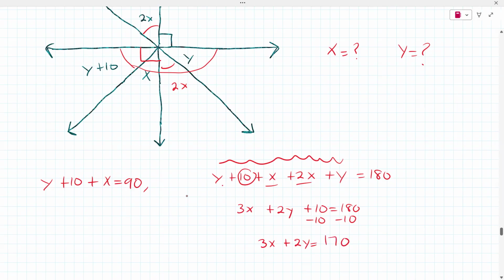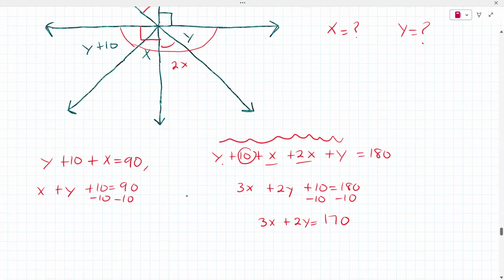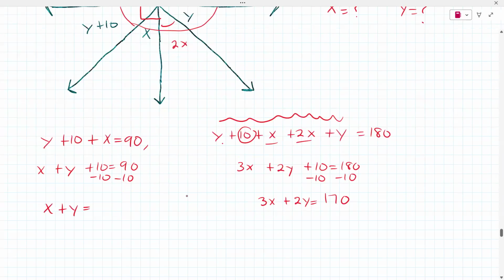Same thing here. Let's get all the x's on one side. We have an x and a y plus 10 equals 90. Let's move this constant to the right by subtracting 10. So we get x plus y equals 90 minus 10, which is 80.